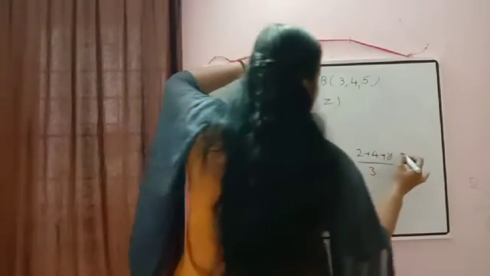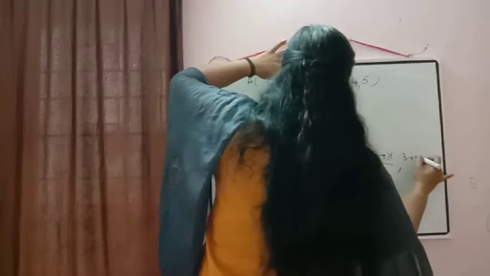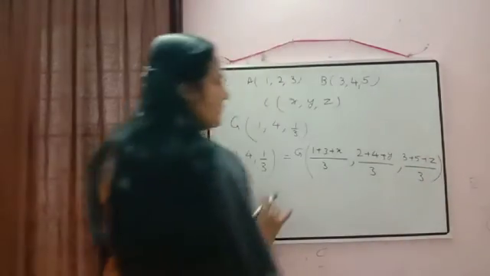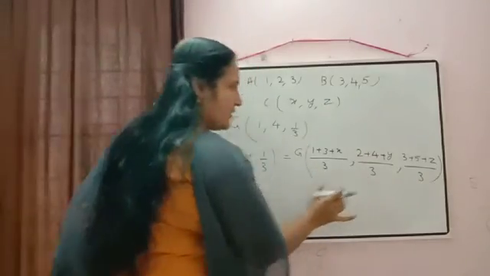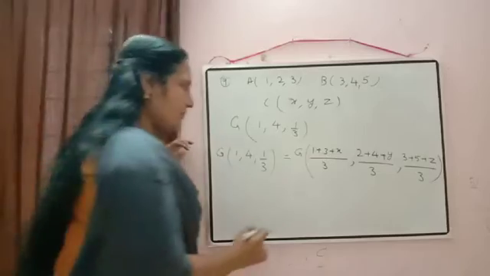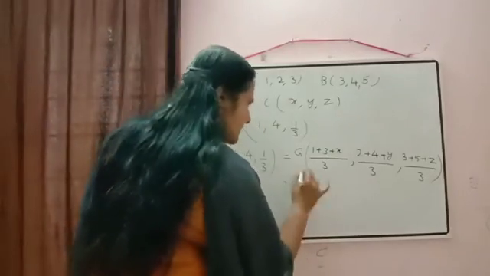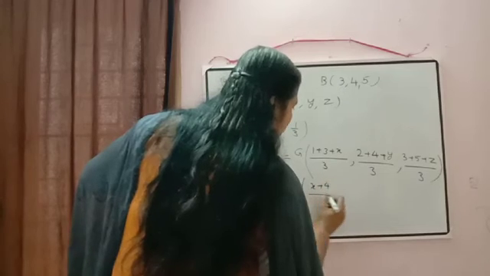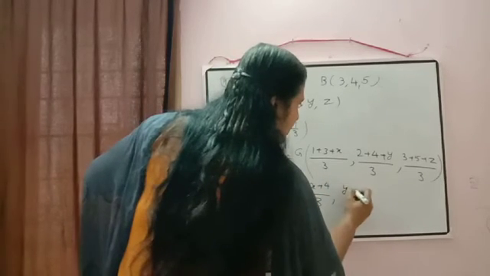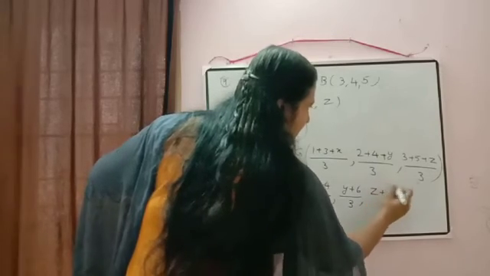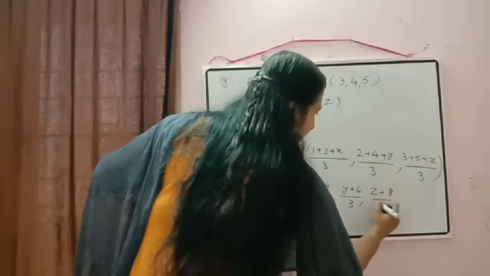Then add the corresponding z coordinates: (3 plus 5 plus z) by 3. According to the formula, this should be the centroid, but already in the question it is given as the centroid. So we can simplify it more. Then it will be (x plus 4) by 3, (y plus 6) by 3, (z plus 8) by 3.